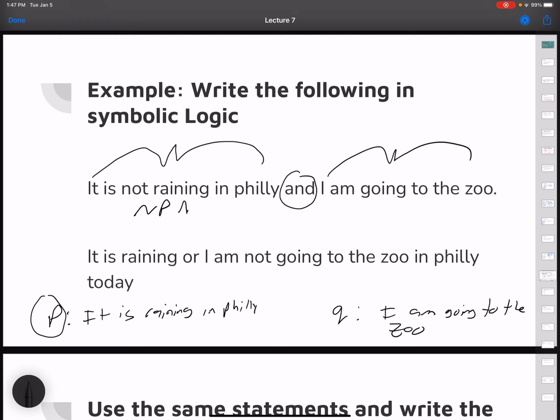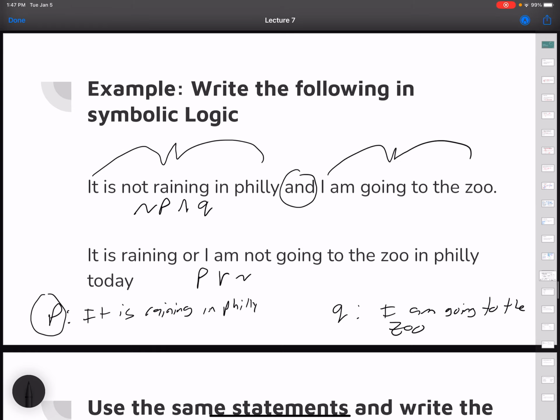And then we have Q, I am going to the zoo. So we just have a Q. And then underneath we have it is raining, or I am not going to the zoo in Philly today. So it is raining, so we have P, or I am not going to the zoo in Philly today is going to be not Q.